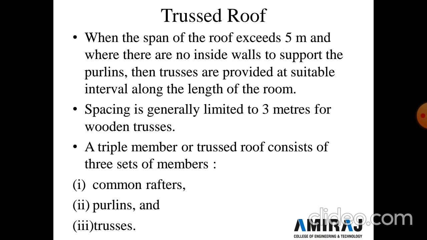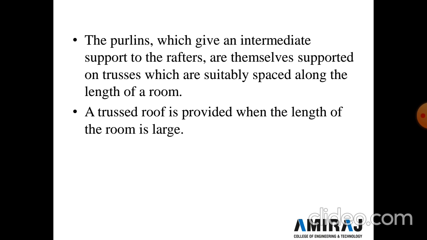The purlins, which give intermediate support to the rafters, are themselves supported on the trusses, which are suitably spaced along the length of the room. A truss roof is provided when the length of the room is large.